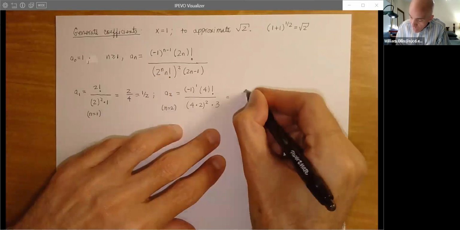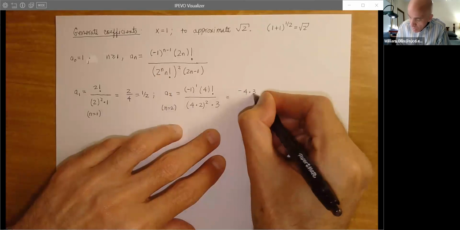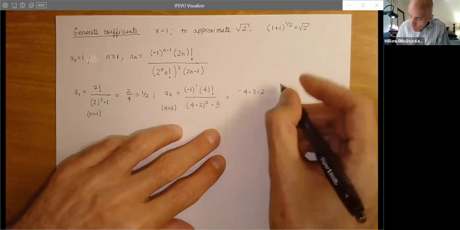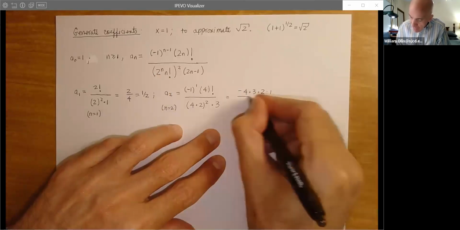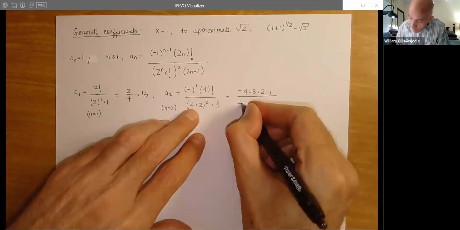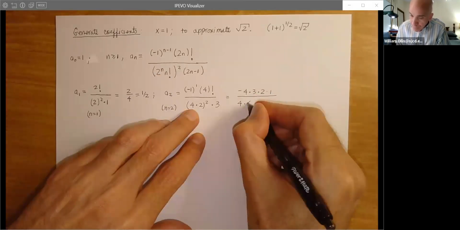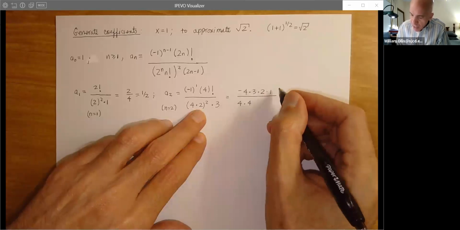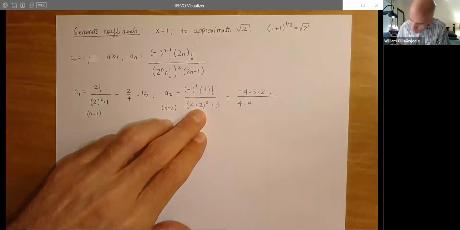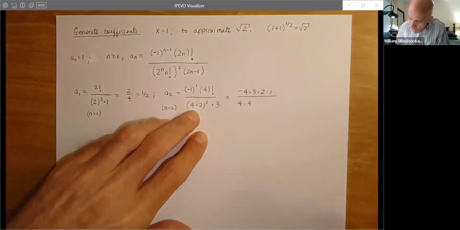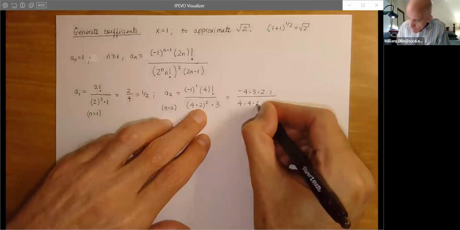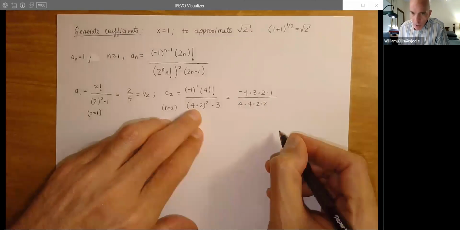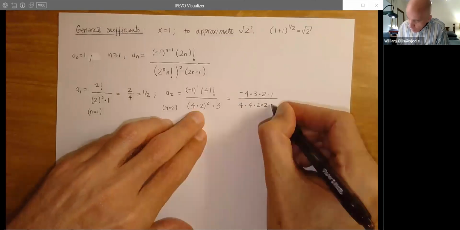So we have a negative 4 times 3 times 2, and you can put the 1 if you want. And here we've got 4 squared, 4 times 4. If you like, this is just an 8. That might be a little quicker, but just go ahead and write it as 4 times 4 times 2 times 2, squaring the 4 times 2, times a 3.